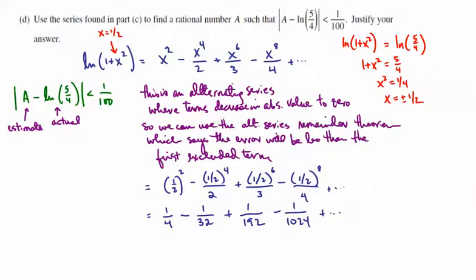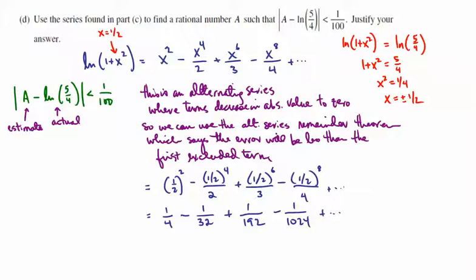So when x is 1/2, our Taylor series that we've made will play out in this way: 1/4 minus 1/32, etc. And what we're really looking for here is how many terms do we need so that our error will be less than 1/100?